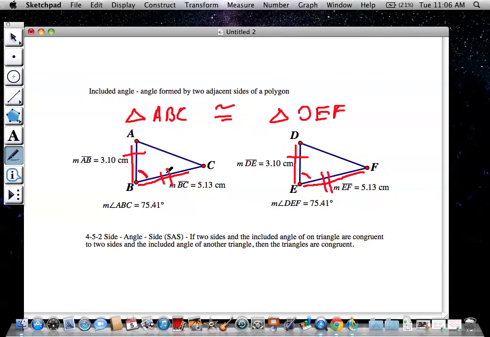Now, since I have these two sides, I look at the angle in between them, only the angle in between them. 75.41, 75.41. So therefore, this angle is congruent to this one. So since I have a side angle side and a side angle side that are congruent, I can say triangle ABC is congruent to triangle DEF by SAS.